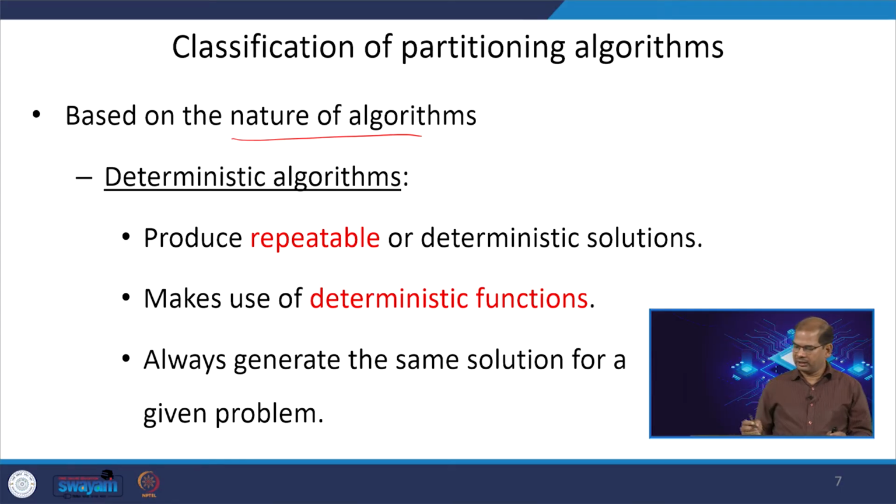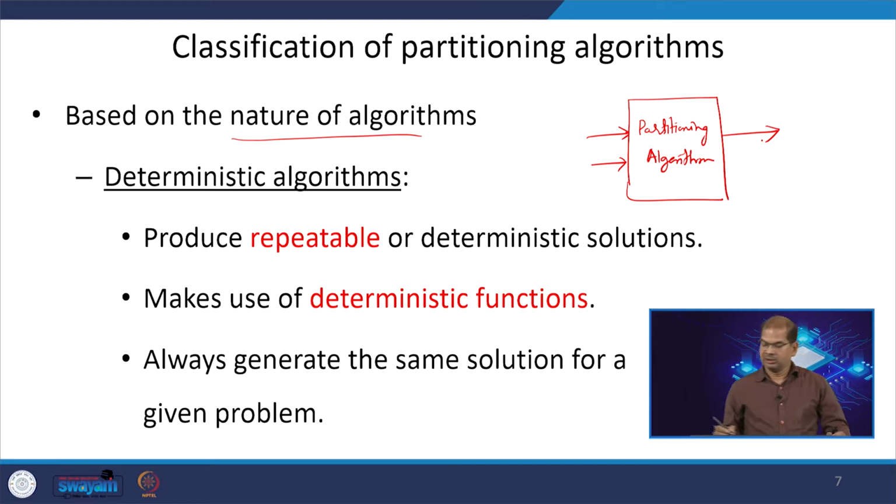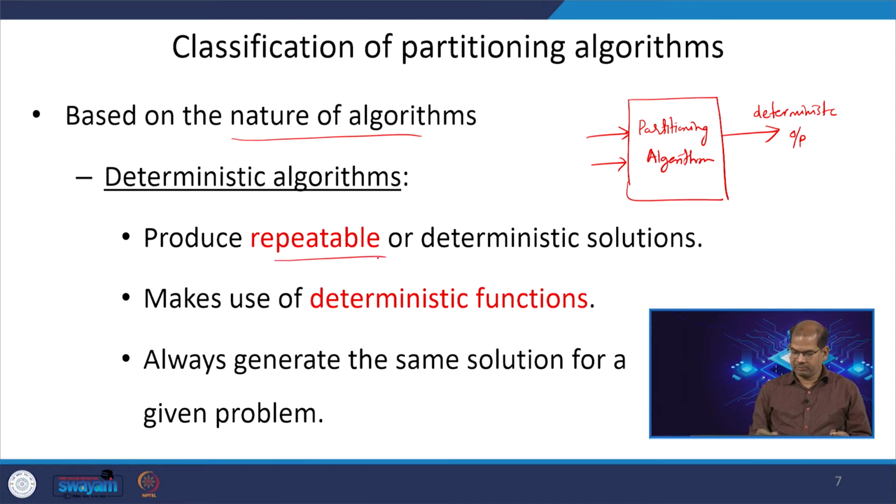If I give some input to the same partitioning algorithm, I will get a deterministic output. So, if the input is the same, your output is the same. This is called a deterministic solution or repeatable solution.